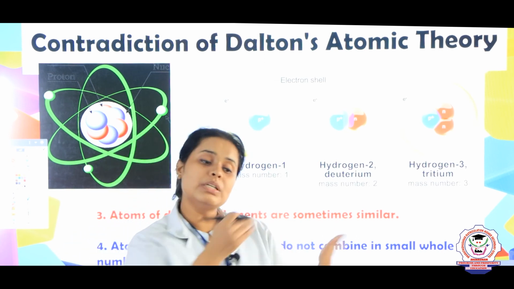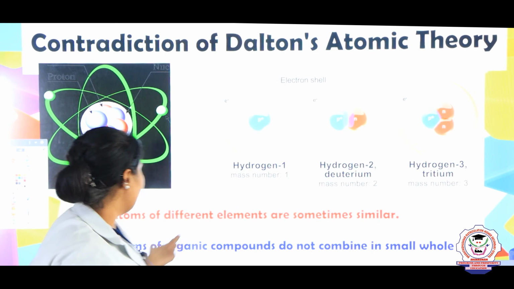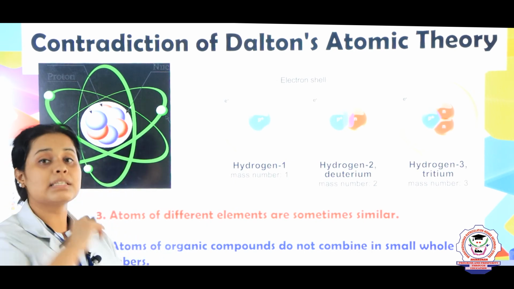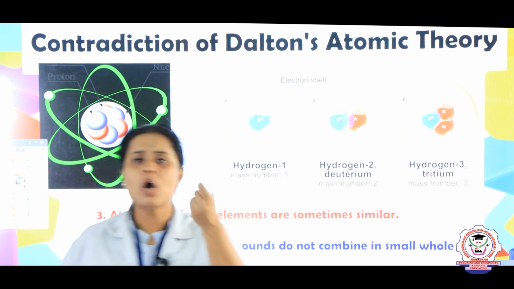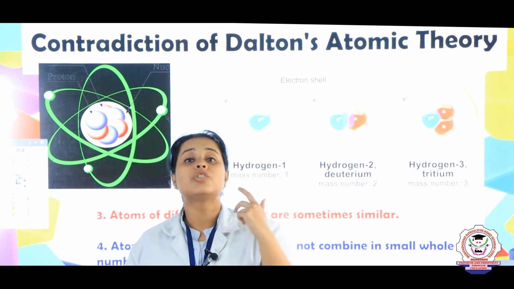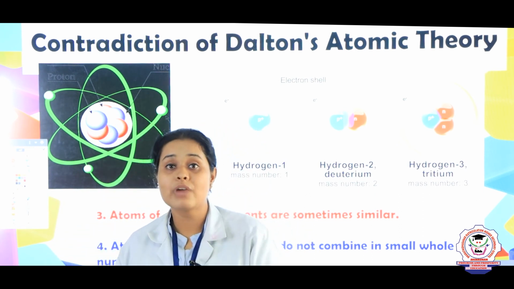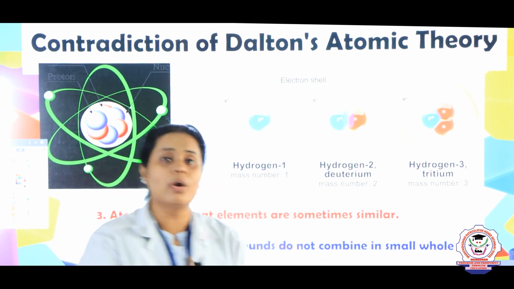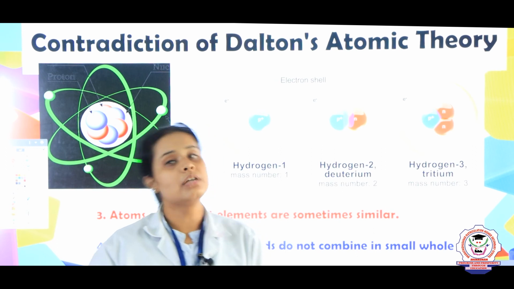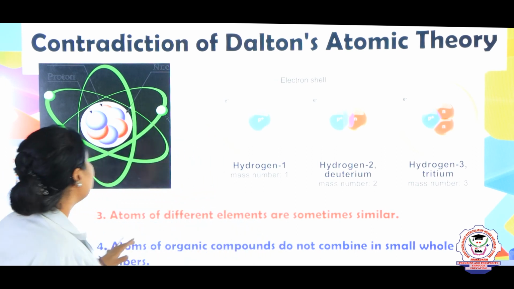So you cannot just simplify it. So that gave the fourth point. And the last point given by Dalton was that the atom is the smallest part of an element which takes part in a chemical reaction, and that is the truest. It's a similarity between the modern atomic theory and Dalton's atomic theory, right?